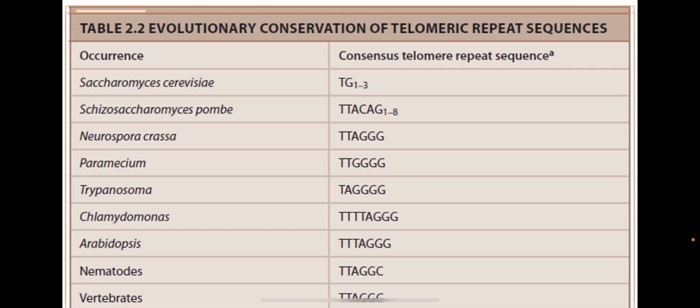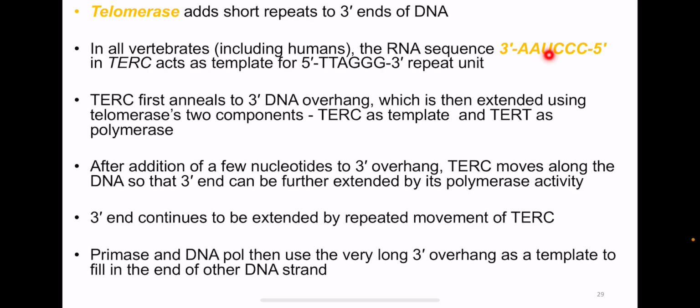Of course, if the human chromosomes have a repeat of TTAGGG, what will the template be? The RNA sequence or the template is going to be complementary to TTAGGG. So in the TERC component, which is the RNA component of the telomerase, you are expecting the template to be AAUCCC. AA are complementary to the TT, U complementary to A, and CCC complementary to the GGG.